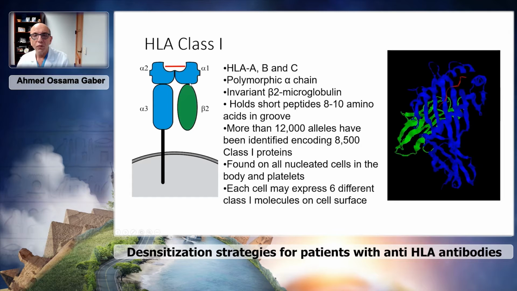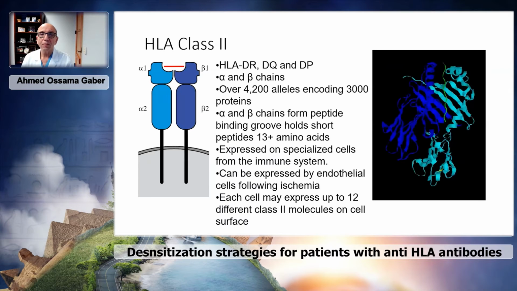Now, in this groove sit the peptides that come from the HLA complex, and these are called class 1 proteins. And the variation in the number of attachments that can happen to this groove is so variable to the extent that you can have 8,500 proteins in the base of that groove, creating the identification of numerous HLA molecules.